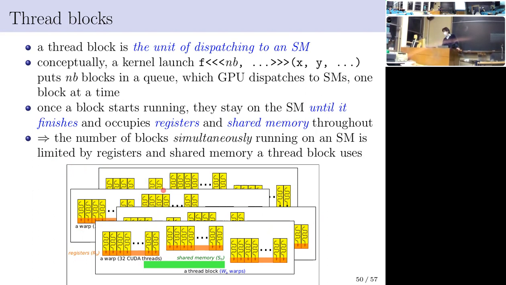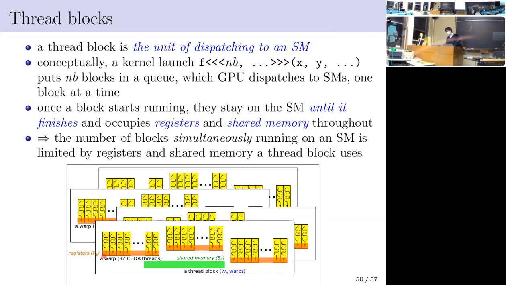So this is exactly what this figure illustrates. There are some registers used by each thread. So this warp takes some number of registers, and you have some number of warps in a single block. So this single thread block takes this number of registers, illustrated as orange in this figure. And you also specify, if you like, the amount of shared memory you want to allocate to each thread block, right?